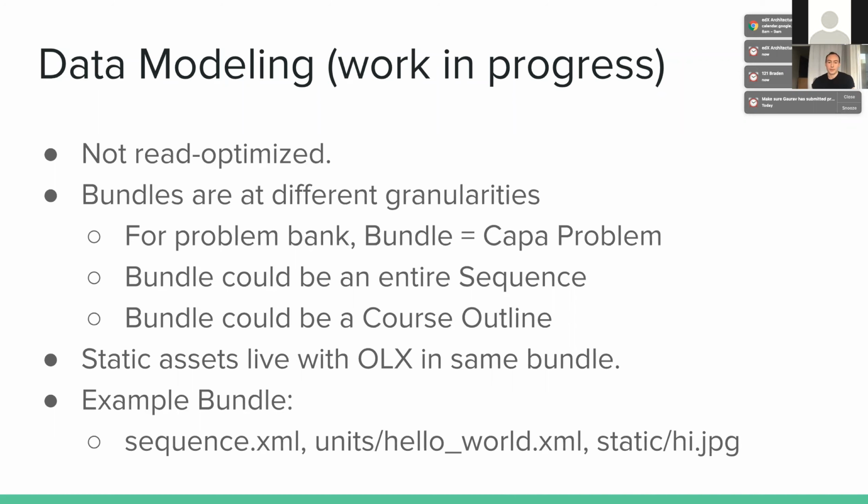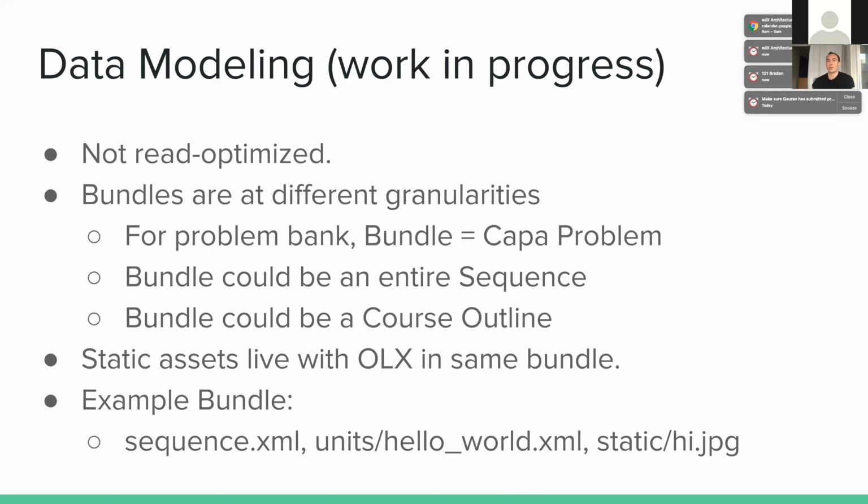I see a question from Nate if this will support nested folders of static assets. At the very least, you will be able to support static assets with individual blocks in the same bundle as that block, and then static assets at the unit level or at the subsection level or at the course level. So if your asset is going to be used throughout the course, you could put it at the course level.